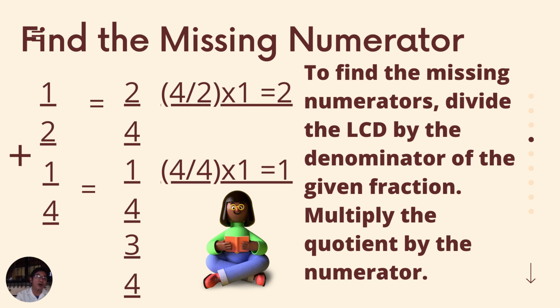Then 4 divided by 4 is equal to 1, times 1 is equal to 1. So now we have 2/4 plus 1/4. We add 2 plus 1 is equal to 3. Then copy the same denominator, 4. So the answer is 3/4.